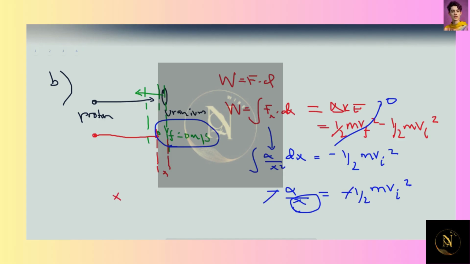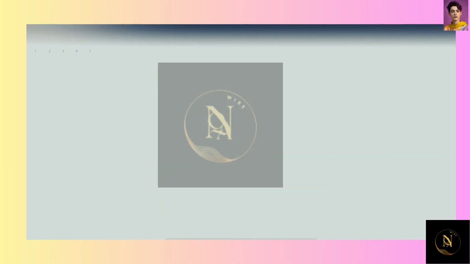You flip x, you get x over alpha equals 2 over m v initial squared. So x equals 2 alpha over m v initial squared.